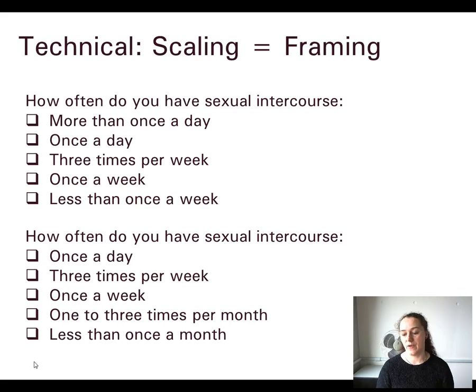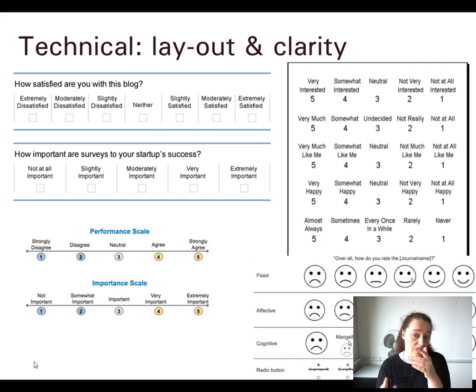So if you know a general average somewhere, then put that in the middle, or put what people expect to be average in the middle, and have an equal distance, lower or higher. Otherwise you will again get distorted answers, because people have a tendency to go towards the middle. And if that middle is not where they expect it to be, then they might be confused.